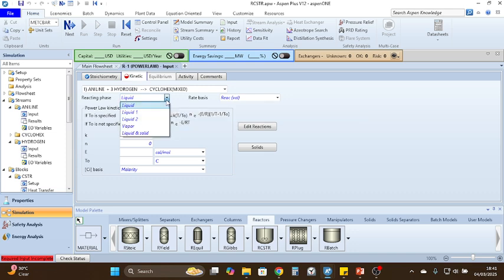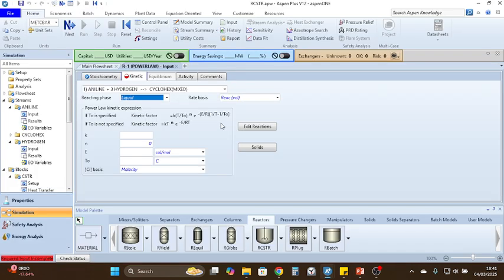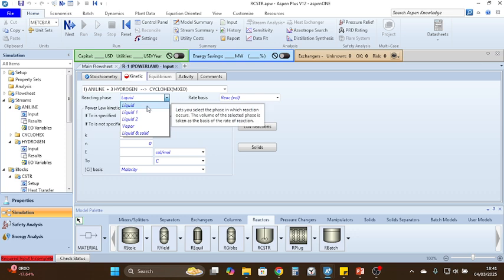Now our reacting phase. Over here it is written for the liquid phase reaction. Okay, so let it be liquid.